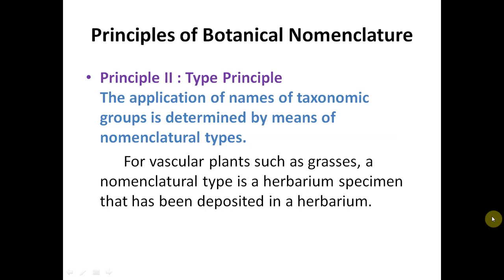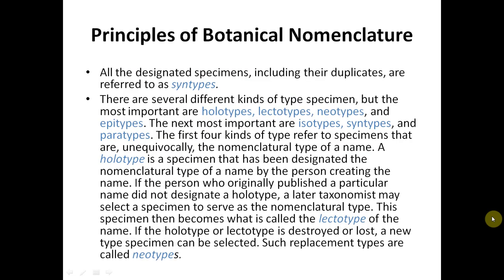For each identified plant, a specific herbarium specimen is reserved, and that is called the nomenclature type. As per the type principle, there are different types. All the designated specimens including their duplicates are referred to as syntypes. So the original one is the nomenclature type.